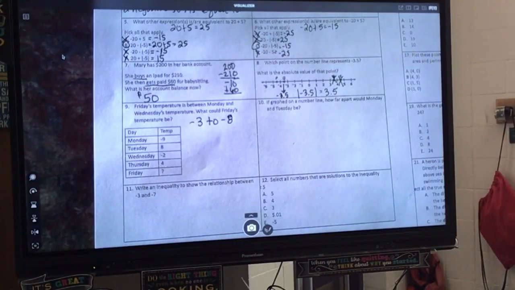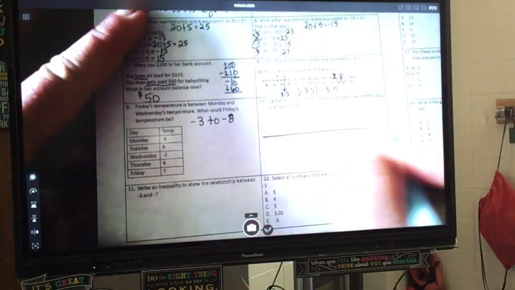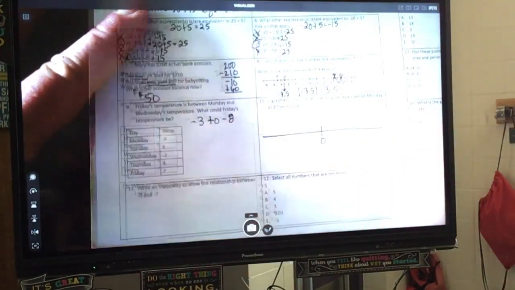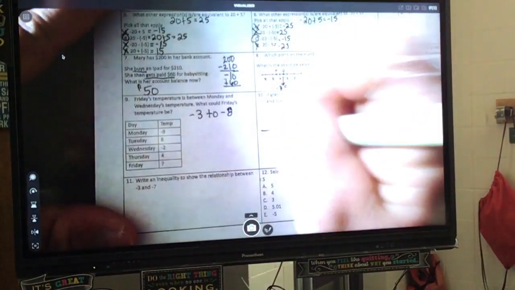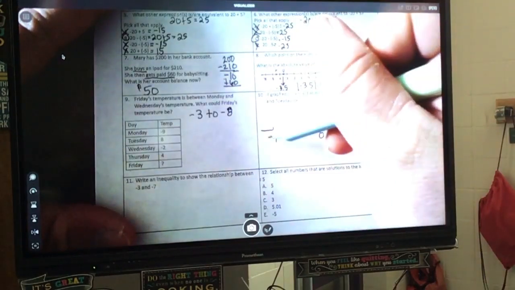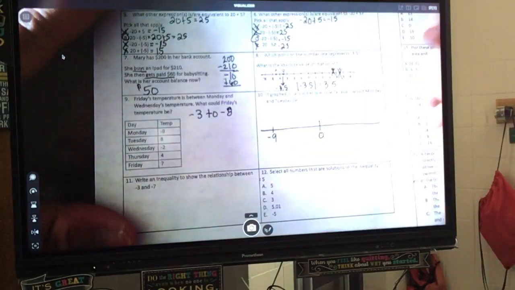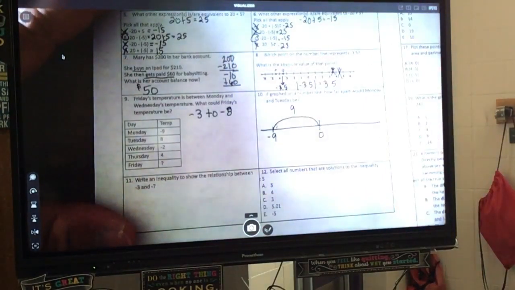It says if graphed on a number line, how far apart would Monday and Tuesday be? So here's your number line. 0 is in the middle. What is Monday's temperature? Delilah. Alright, so Delilah, I have a question. How many hops would it take me to get from -9 to 0? Okay. And then what is Tuesday's temperature? Aiden. 8.